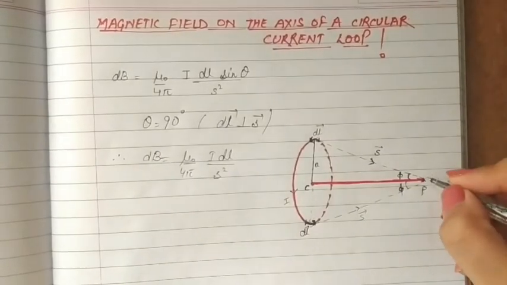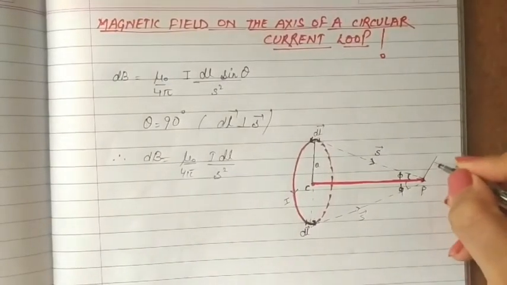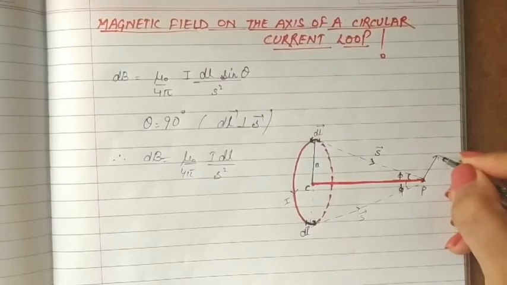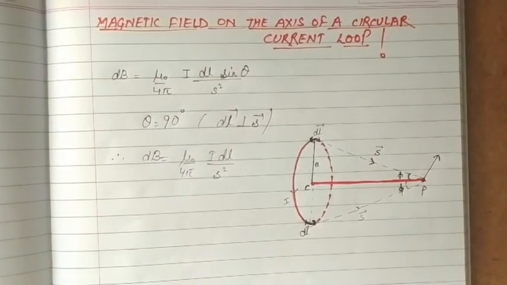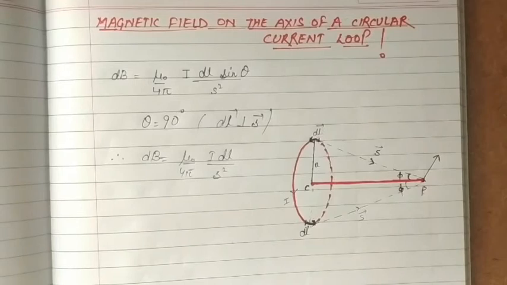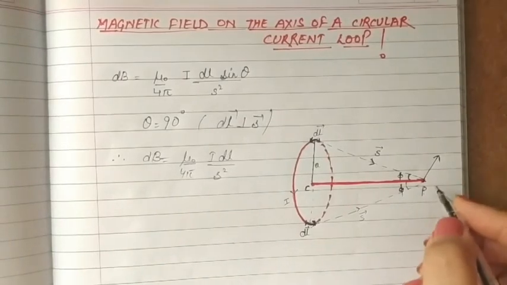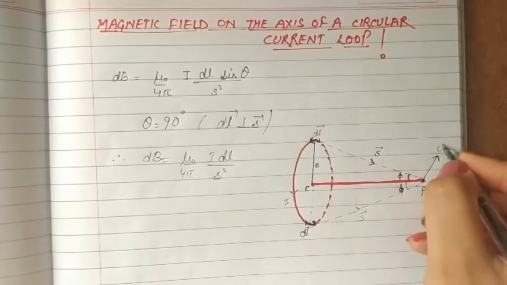So we can show it somewhere like this. This will be the direction of magnetic field at point P because of the current element dl vector. I am going to denote it by PQ.